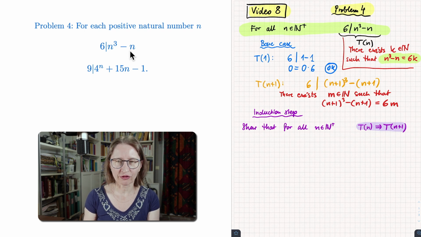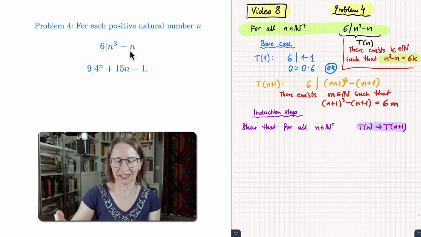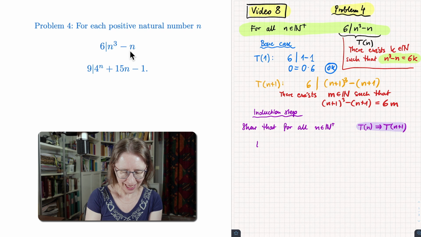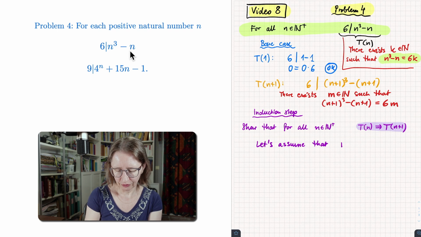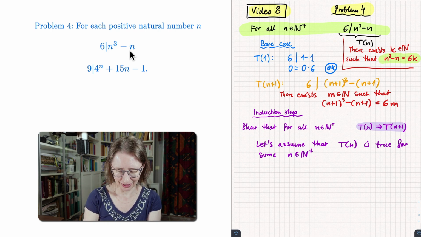Okay, and now we have to perform this induction step. We have to show that for all natural positive numbers n, if T of n is true, then it implies that T of n plus 1 is true. So now let's assume that T of n is true for some n belonging to the set of natural positive numbers.